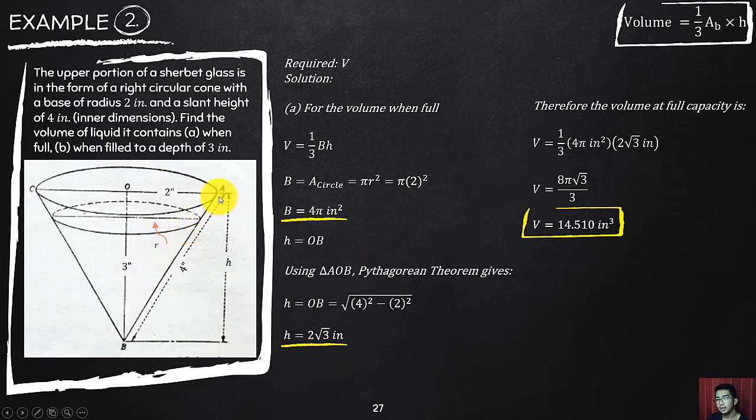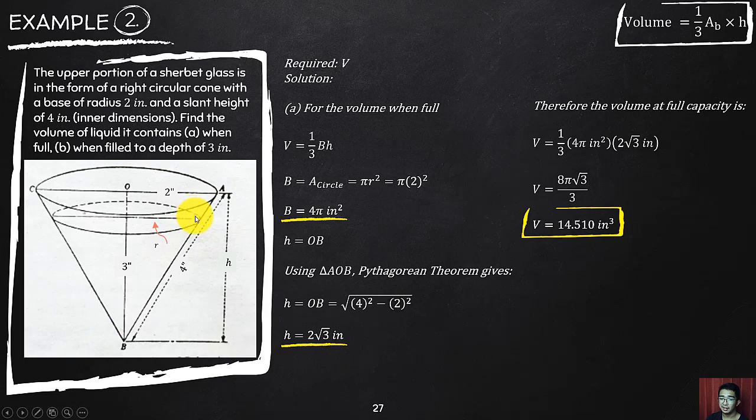Well, notice that you have a triangle here, triangle AOB, correct? So using triangle AOB and the Pythagorean theorem, what do we get? What sides of the triangle do we have? Well, we are looking for the altitude, that is now side BO or OB. The other leg is 2 inches and the hypotenuse of the triangle is now AB.